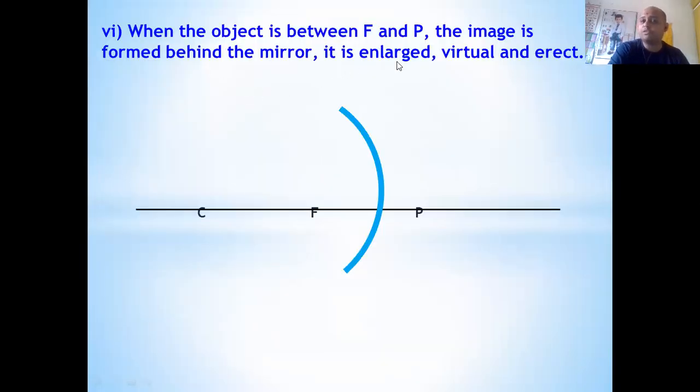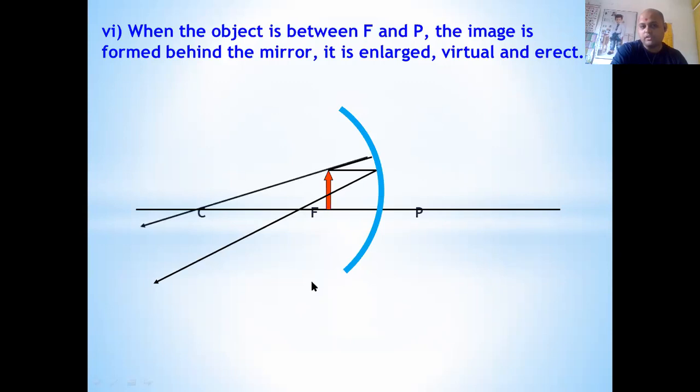When the object is between F and P, the image is formed behind the mirror, it is enlarged, virtual and erect. Okay, look at this one, it is between F and P, so the reflected ray should go in this direction, and we will have to extrapolate it.